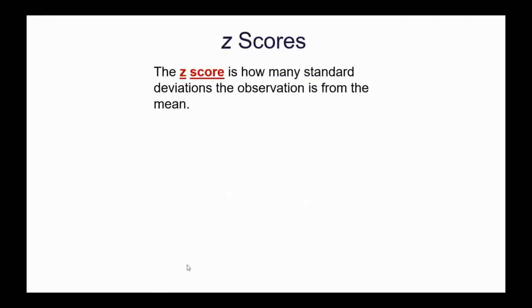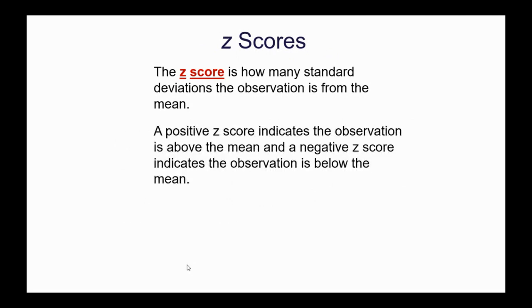Okay, z-scores. We're going to have to zip through these because of time. The z-score is how many standard deviations the observation is from the mean. A positive z-score indicates the observation is above the mean. Negative z-scores mean it's below the mean.